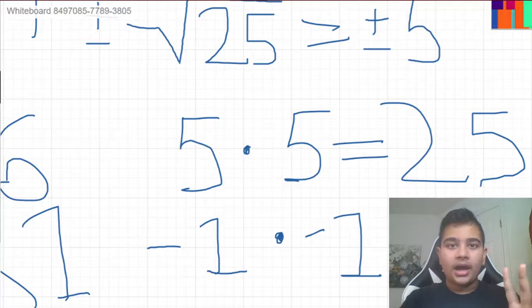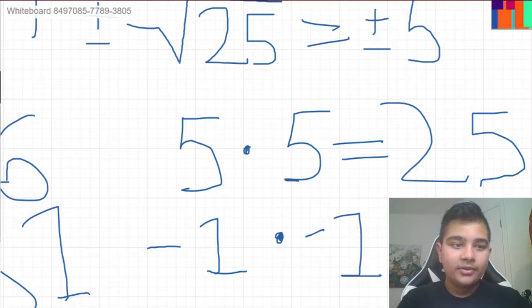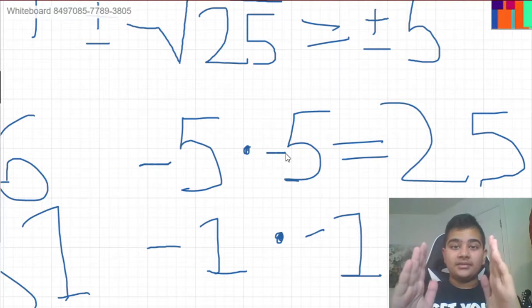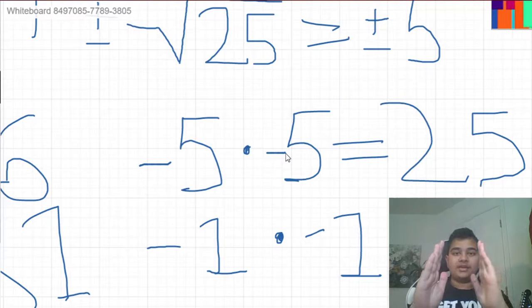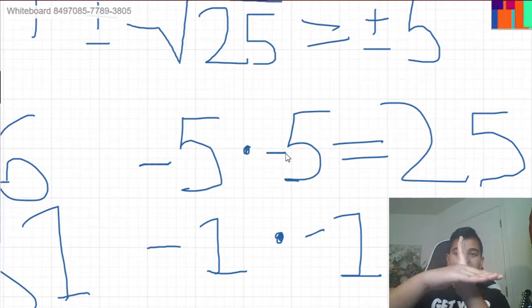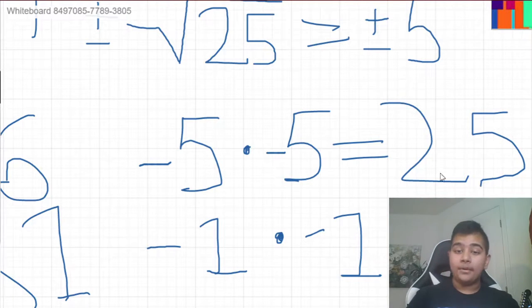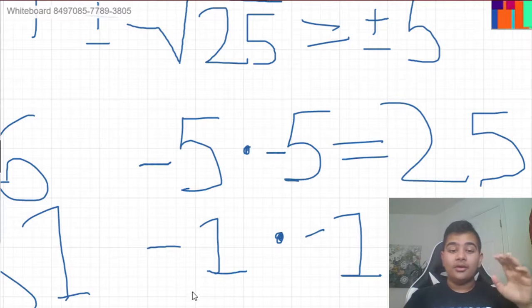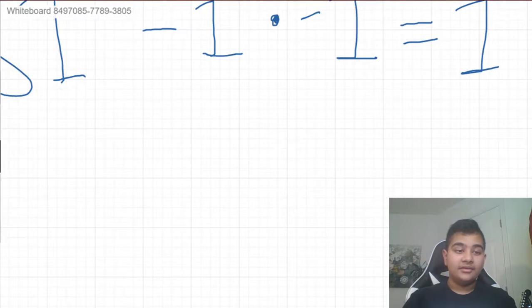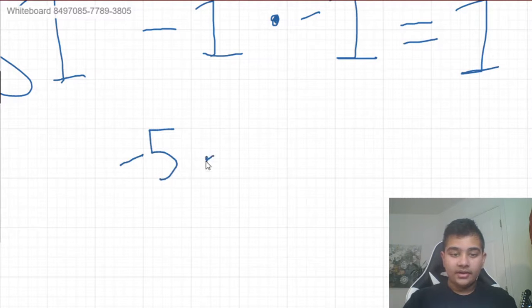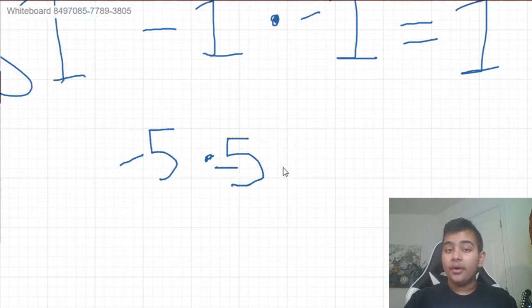So how does negative also work? Let's just use the first example: -5 multiplied by -5. Think about it this way, two negatives make a plus sign. When you multiply two negatives, it becomes a positive. So -5 times -5 equals +25.